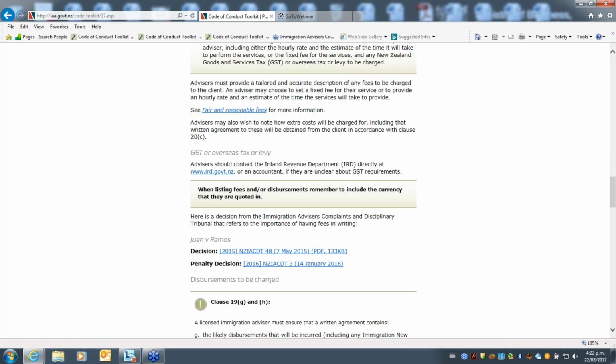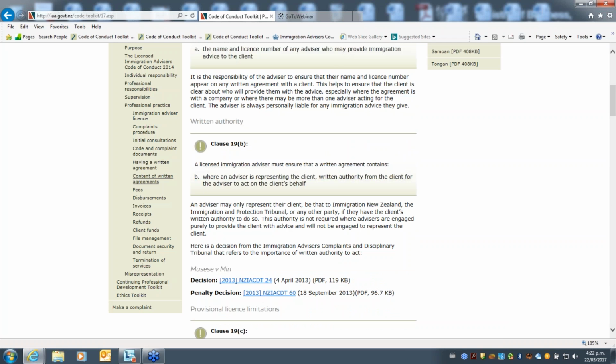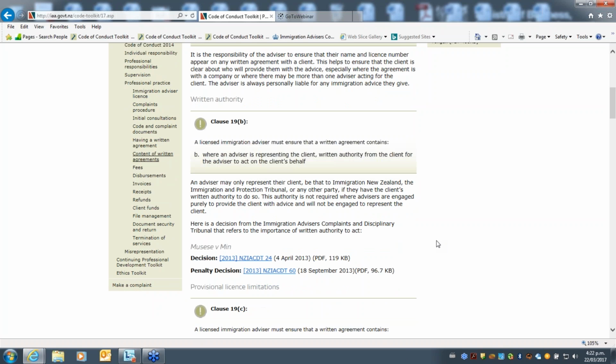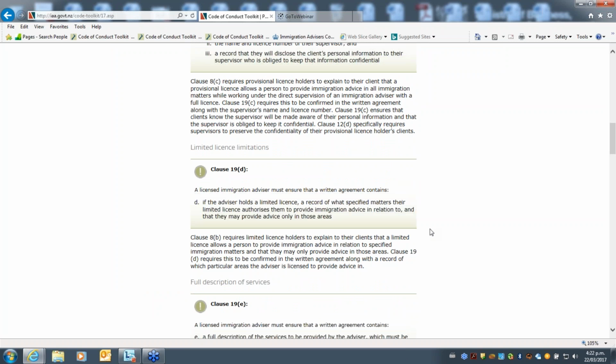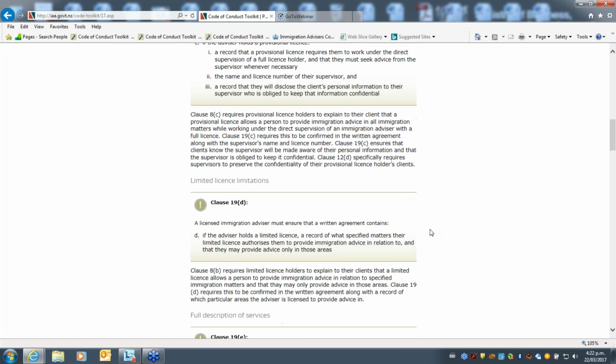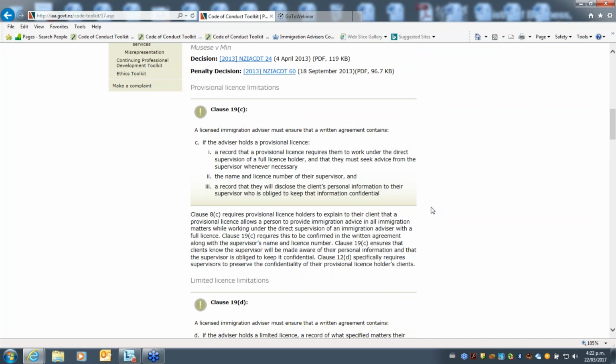And just going back to the question of whether you have a written agreement with more than one client, for example, an employer and the actual visa applicant. What you need to do is, you've got this obligation under clause 19 to have all of these things covered. So some of them will be generic, like if you hold a provisional license, you would want that in your agreement with both the employer and the visa applicant.